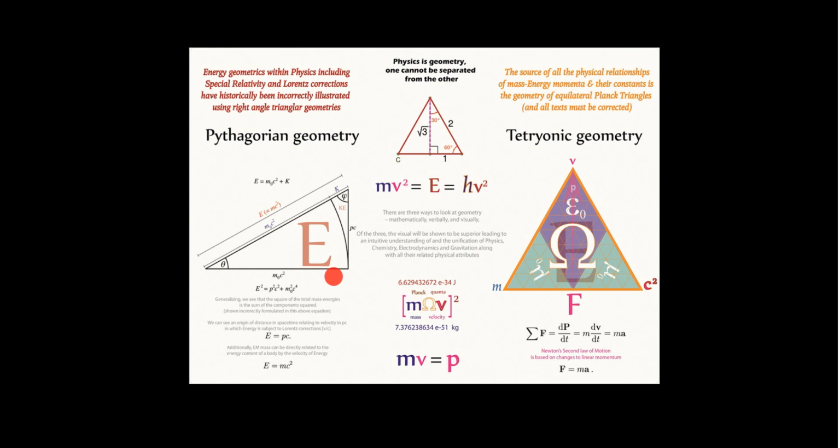The right-angled triangle illustration implies that as you add more energy, the curve gets closer and closer to the point where to go past C, you would require an infinite amount of energy, C squared, or more than that. Tetryonics shows us that that's not the case.